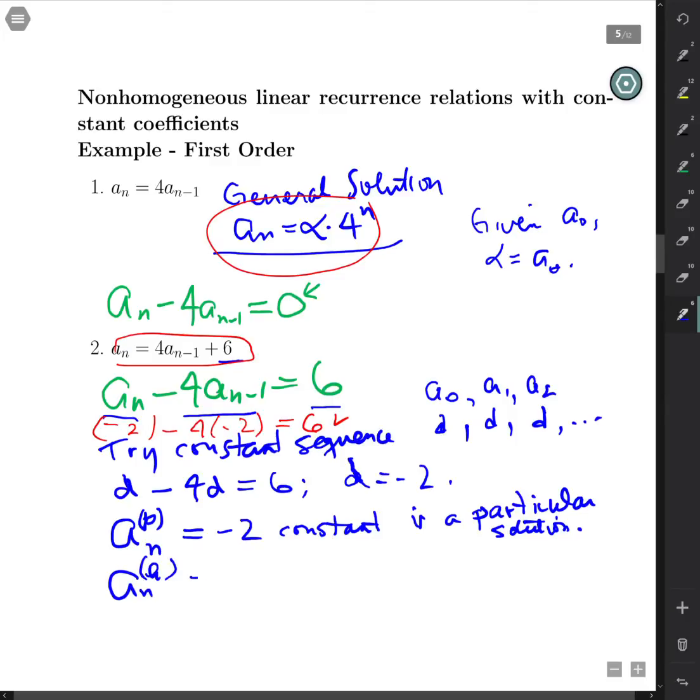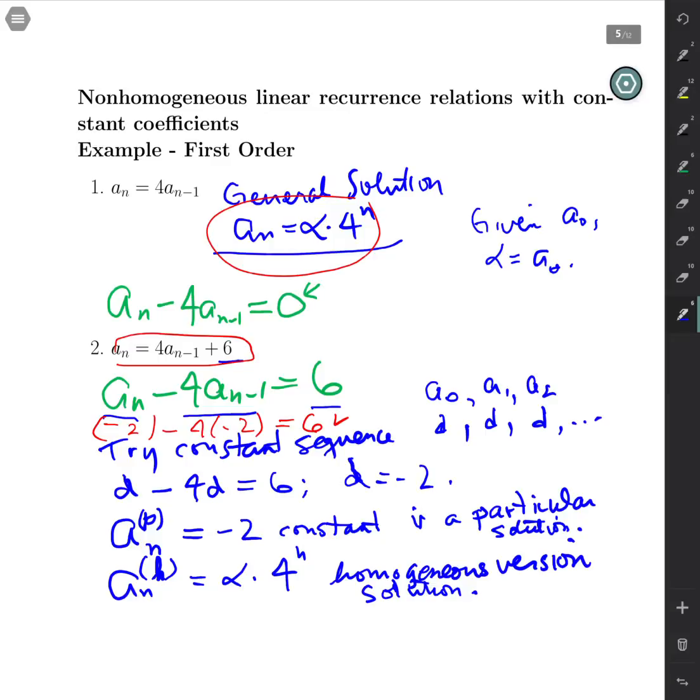That's an h up there, and that's equal to alpha times 4 to the n, where alpha is an arbitrary constant, and these are the homogeneous version solutions. Again, the h there as a superscript in parentheses is intended to indicate that we're talking about the solutions of the homogeneous.